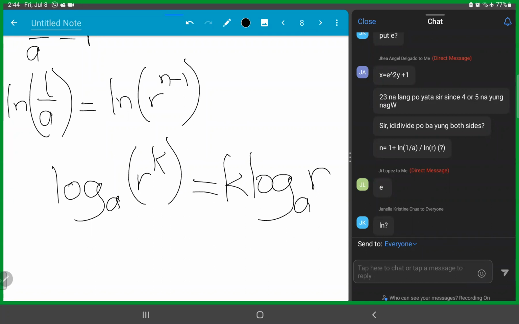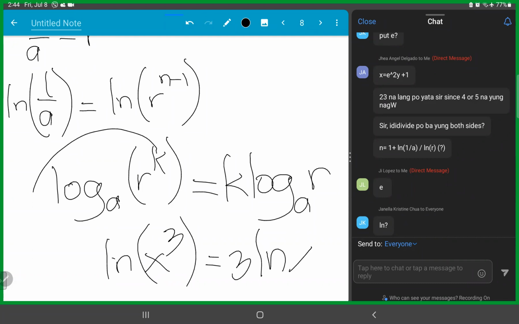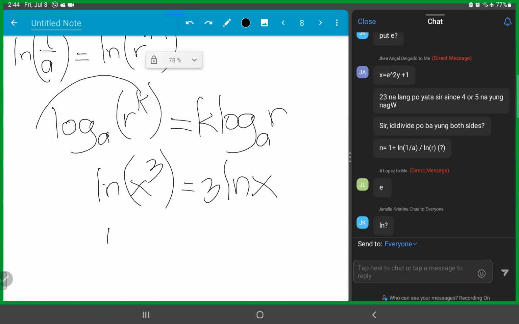Okay, yan yung general. You can bring down an exponent if it's inside a logarithm. Pag nasa loob lang ha. So halimbawa, what is ln x cubed? How do you simplify this? You bring down the 3. Okay, bababa lang siya dito. And you can check it, no? Halimbawa, ln 8. Ang 8, ano ba ang 8? 2 cubed, di ba?